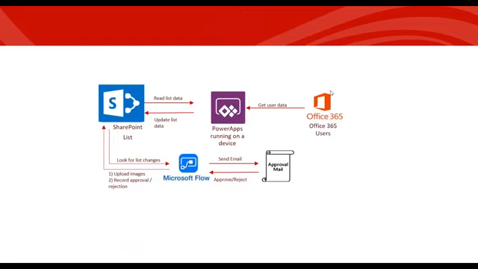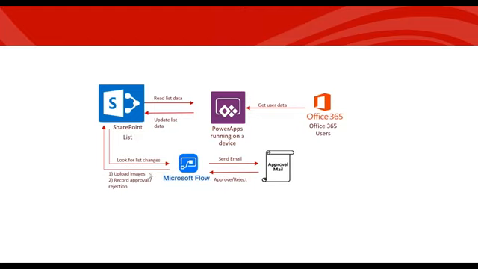So one is called the Office 365 Users data source, which allows us to pull the user details, for example, the job title, the full name, or the email address. And the second is called SharePoint List, where we are saving all the data, where we have created all the columns which we will be using in Power Apps and saving back to SharePoint.